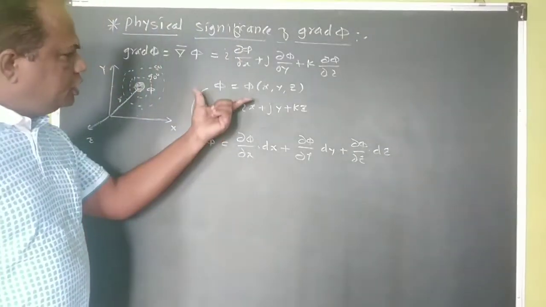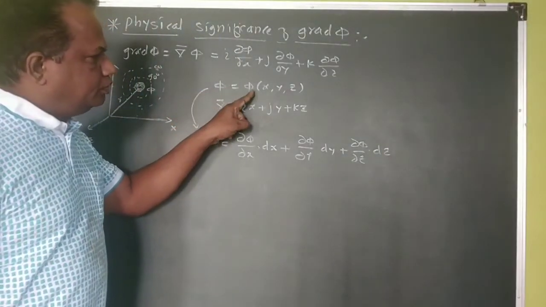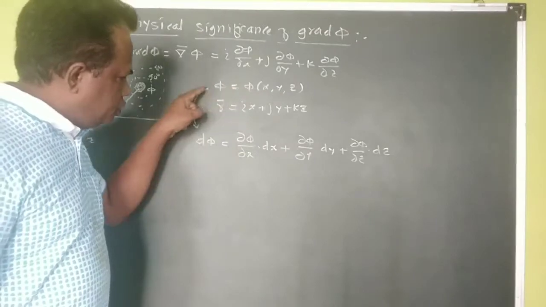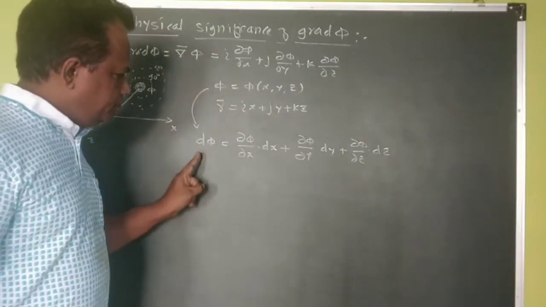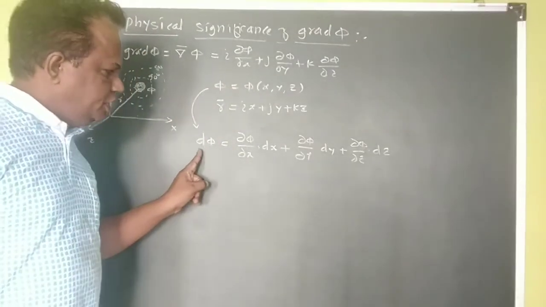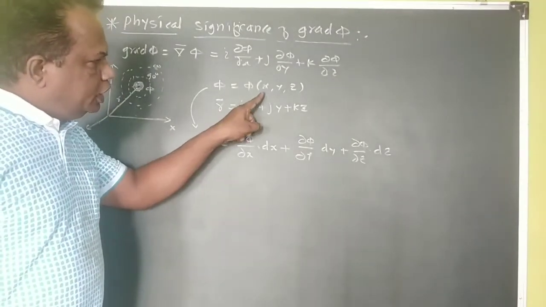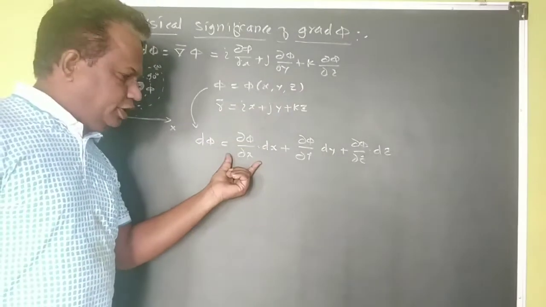So the differentiation of phi is equal to phi of x, y, z gives rise to the total differentiation d phi, and since there are three variables, it is a partial differentiation.